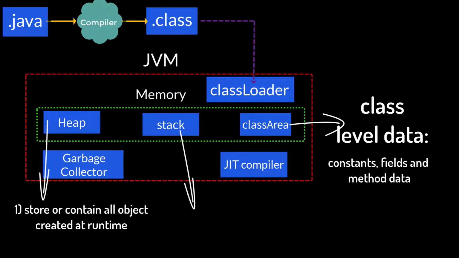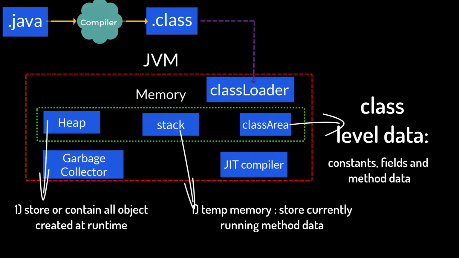Now, the stack is the third memory type and is a temporary memory where the variables and values are stored when the methods are invoked. So a stack is only used for currently running methods. A stack contains only the reference of the objects which are in heap memory.